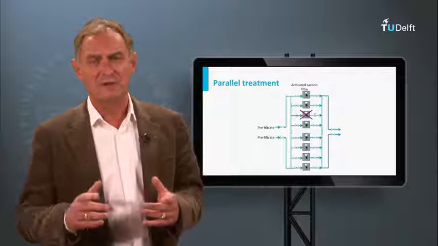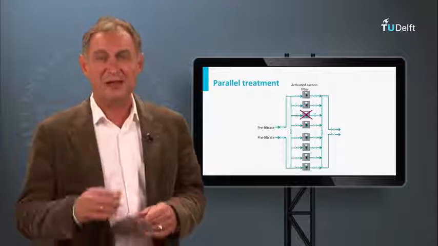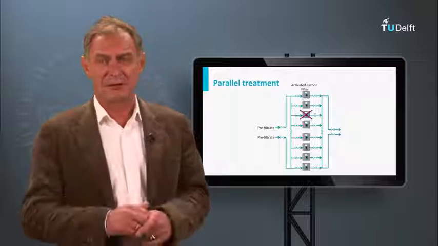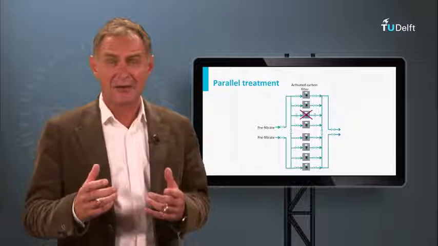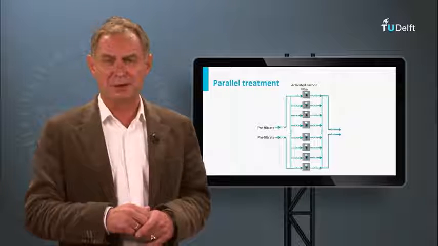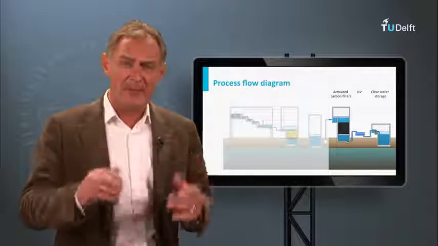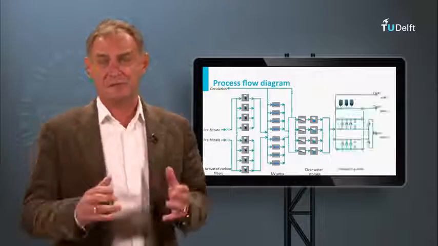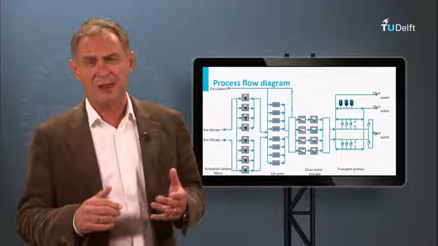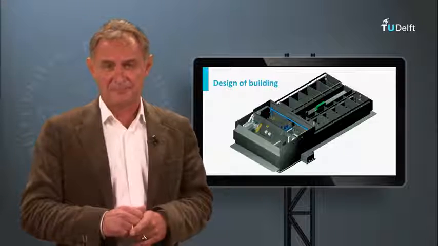The parallel units and the treatment processes in series must be operated in such a way that always, so 24 hours per day, sufficient water can be produced to feed the clear water tank. Therefore, sufficient valves and pumps must be available in the treatment plant. However, the installation of too many control devices increases cost and complicates operation. In the process flows diagram, the optimal division of control devices is indicated.